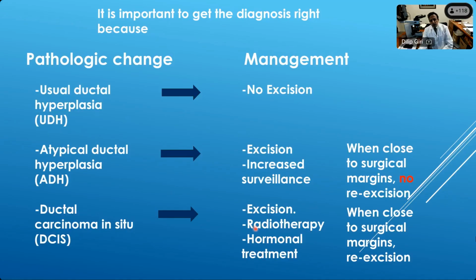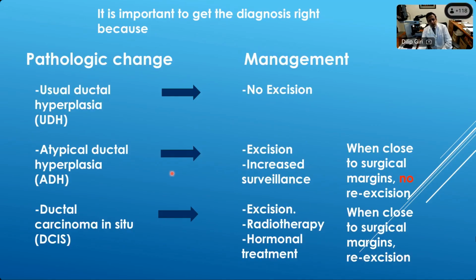And in addition to that, if the surgical margins are close in a lumpectomy specimen in cases of DCIS, then more tissue is removed by a surgeon to ensure that pretty much all of the DCIS has been taken out, and that at least there are no macroscopic or sizable foci of DCIS remaining in the breast.